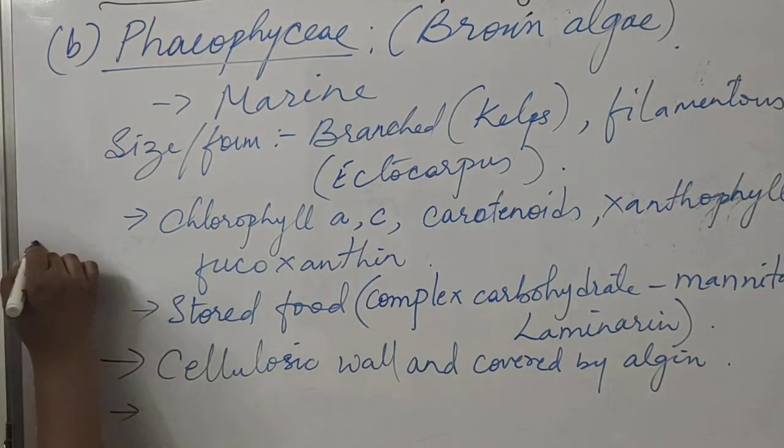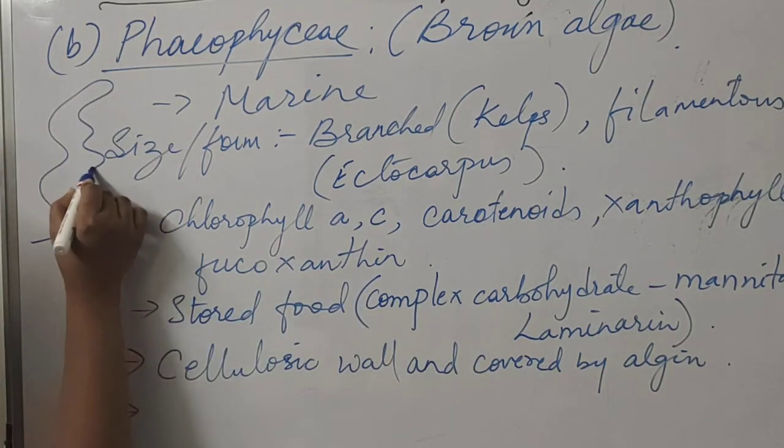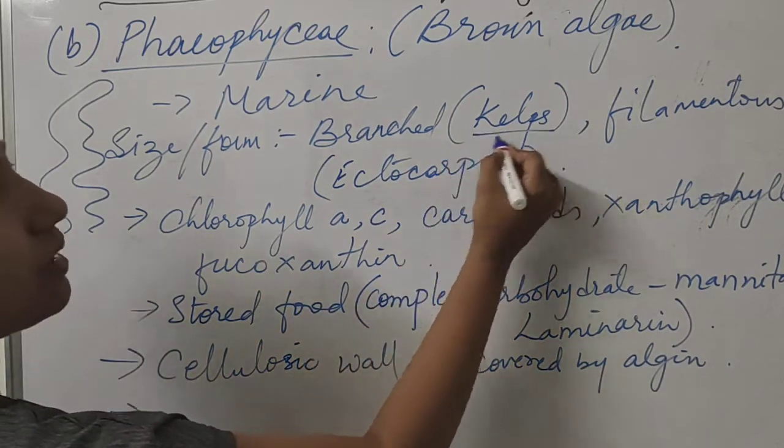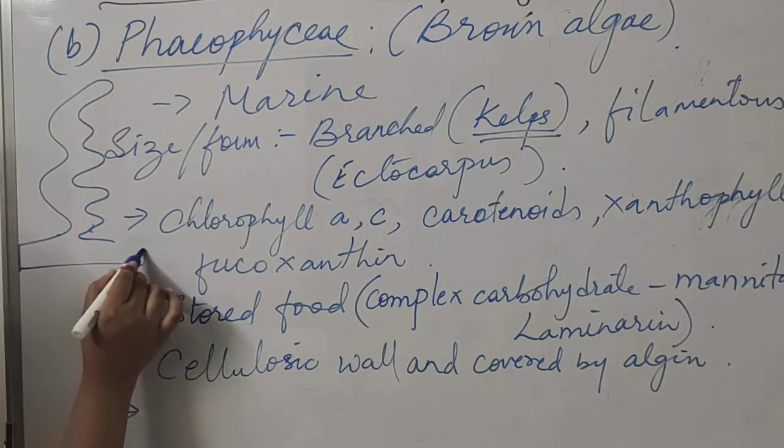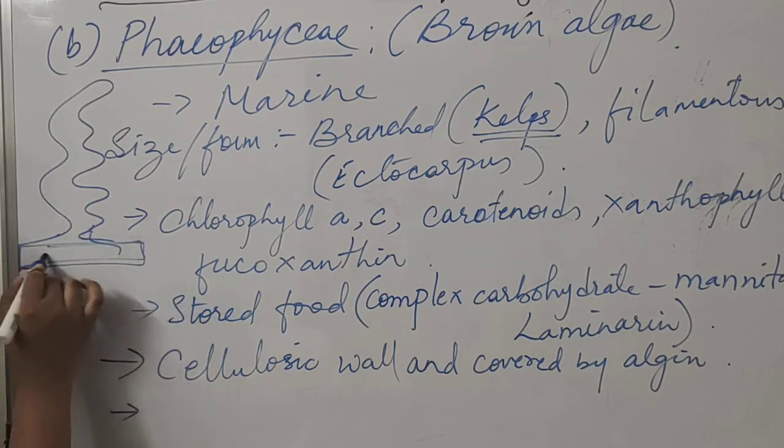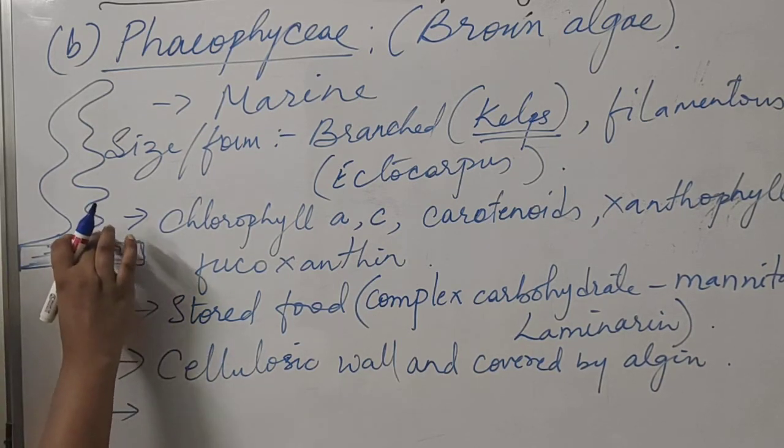Suppose this is an alga, for example kelp. Kelp remains attached to the bottom of the sea. So how do they remain attached to the bottom of the sea? By the holdfast.